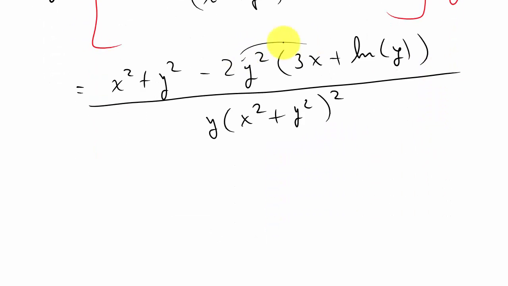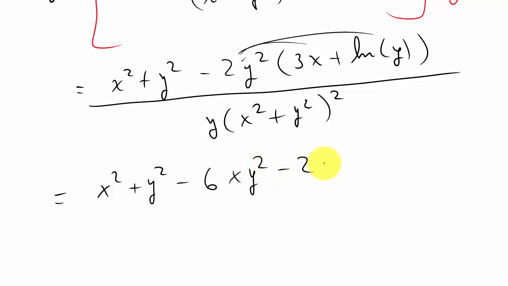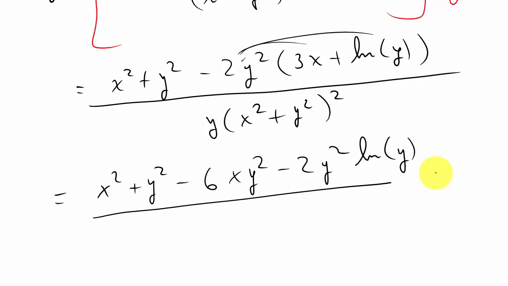And so we'll distribute: x squared plus y squared minus 6xy squared minus 2y squared natural log y, all over y times x squared plus y squared, squared.